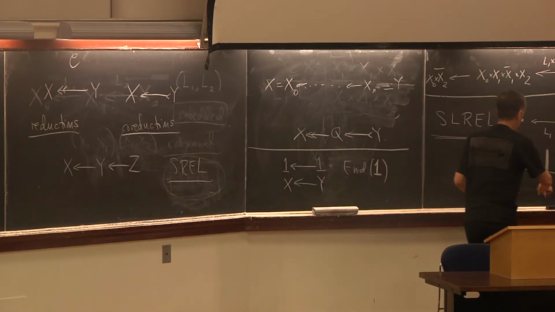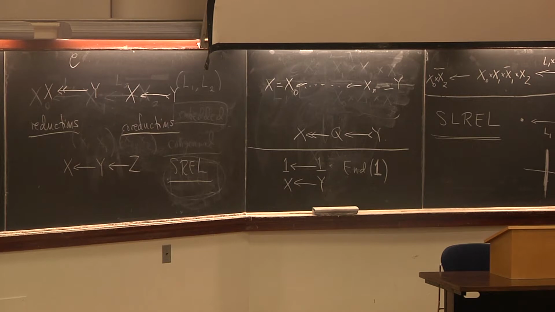So it turns out that we can, now we go back to this particular special category, SLREL, of linear canonical relations. We can actually prove something.